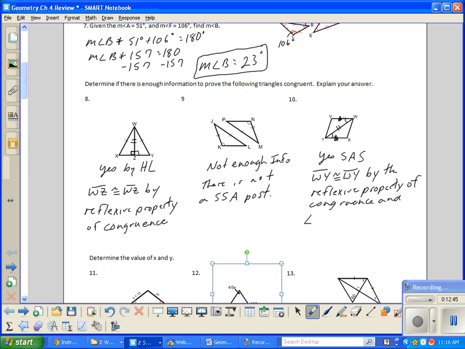And angle VWY was congruent to angle XYW by the alternate interior angles theorem.